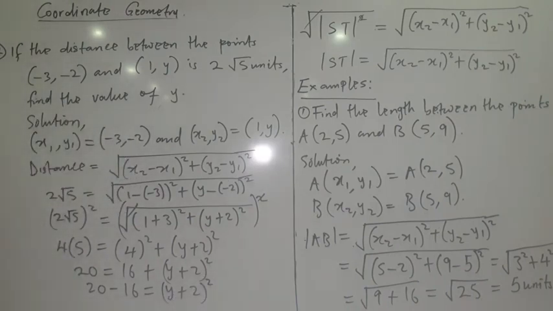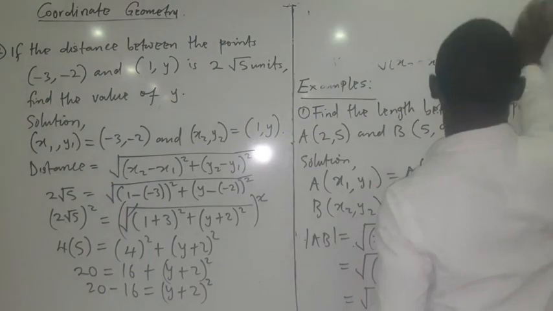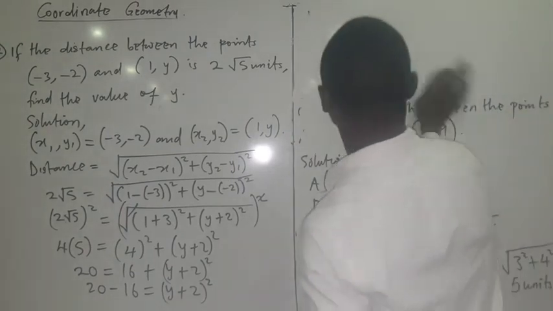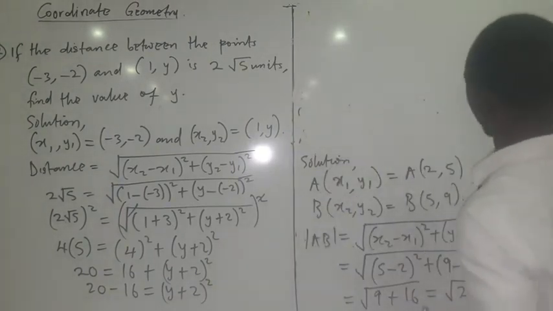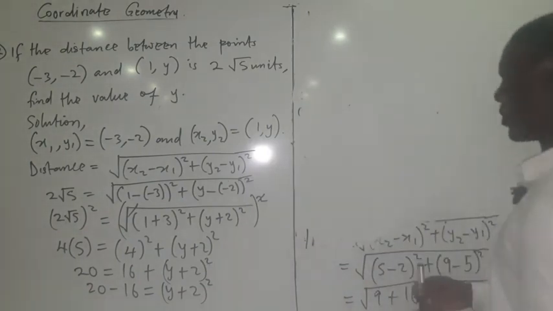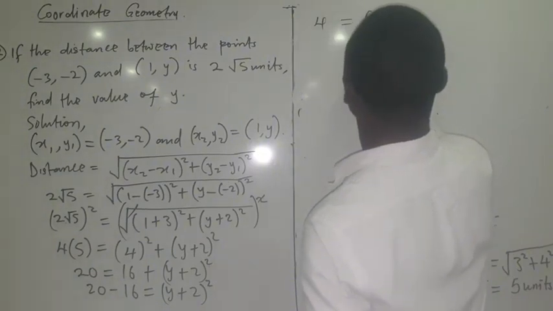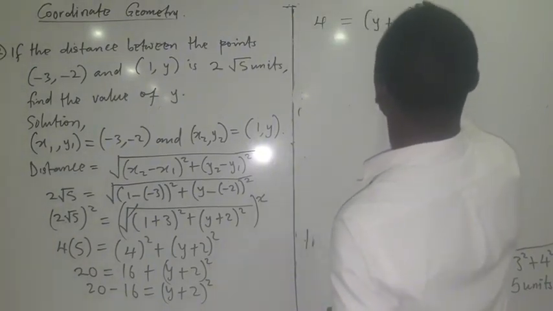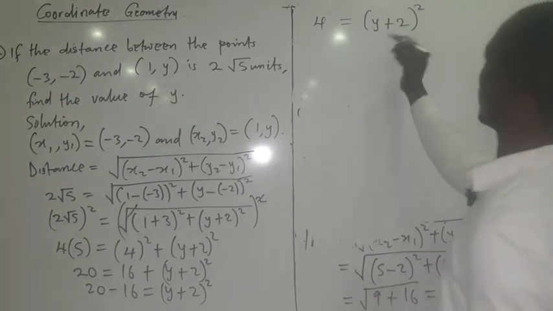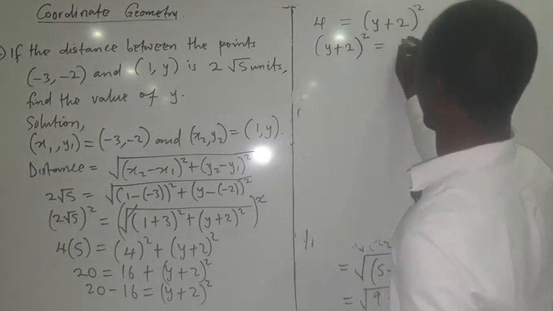So 20 minus 16, that is 4, equals (y plus 2) squared. We can write this as (y plus 2) squared equals 4.